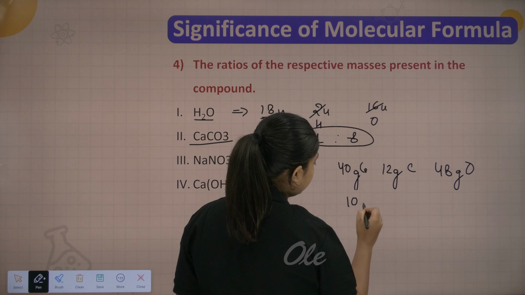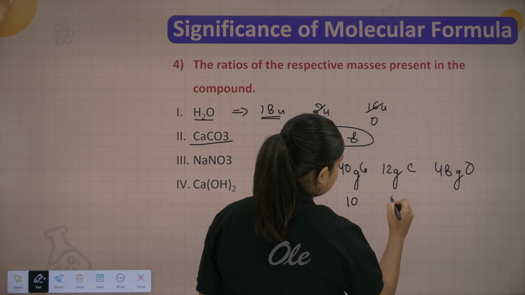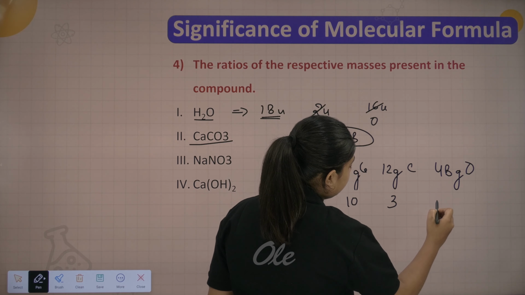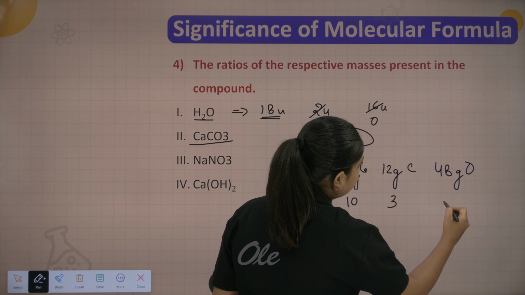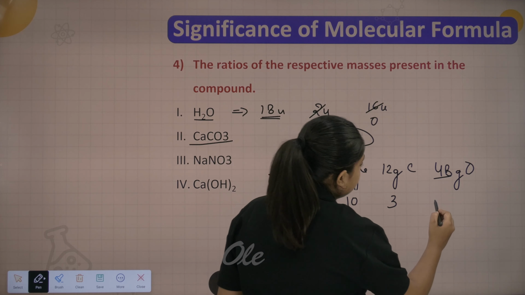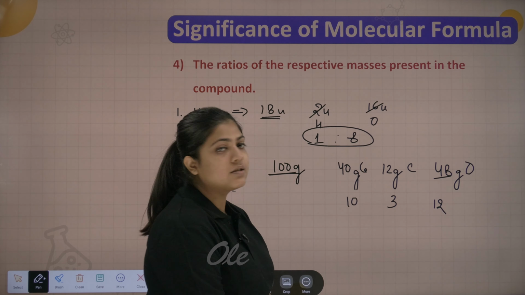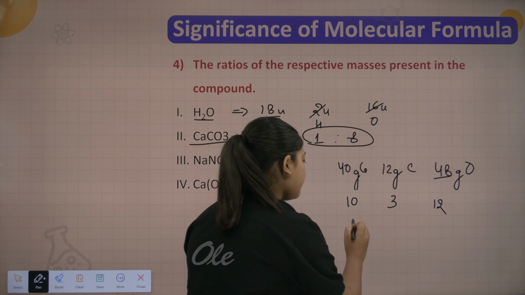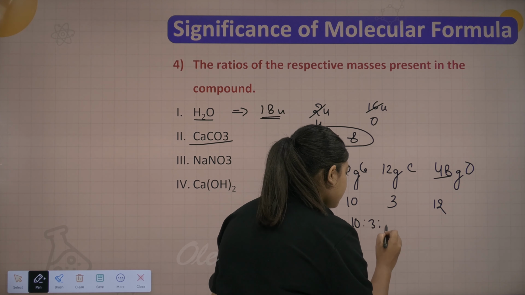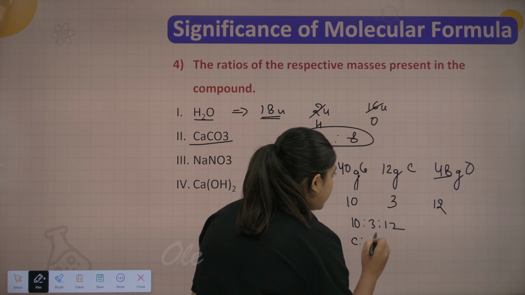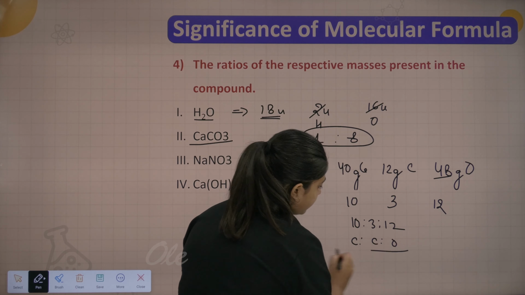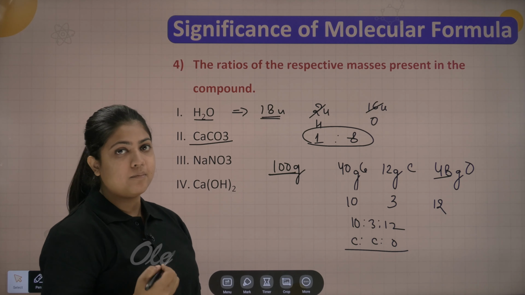So, you will get 10, then 3, and then 12, isn't it? So, the ratio here will be 10:3:12 of calcium to carbon to oxygen. So, this is the ratio by mass.